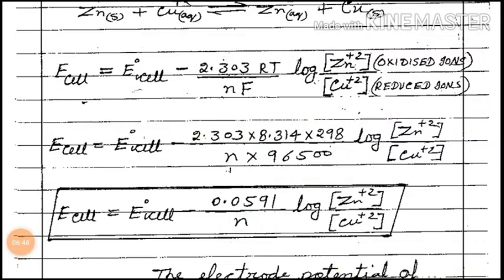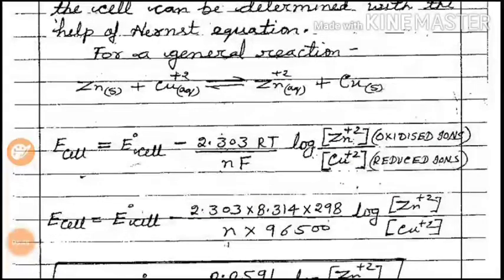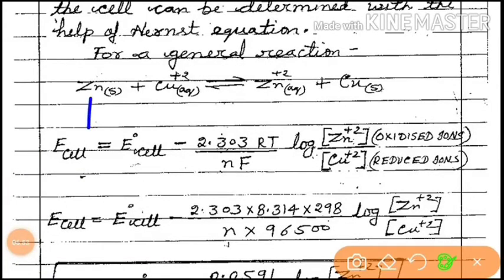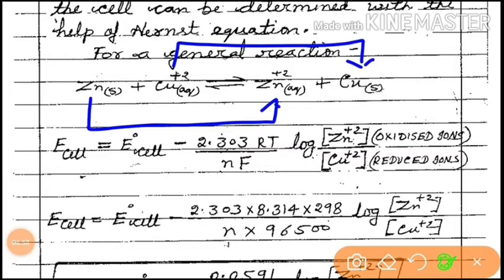It means if we see this chemical equation, zinc is losing 2 electrons, copper is gaining 2 electrons during the process. So the 2 electrons lost and 2 electrons gained during the process is called n. So what is this n? This is actually the number of moles of electrons lost or gained during the process.